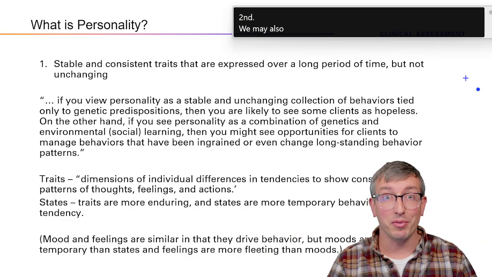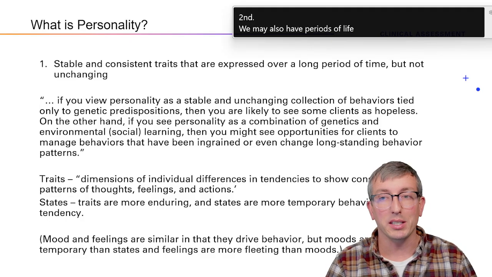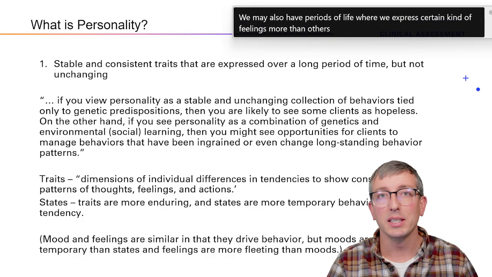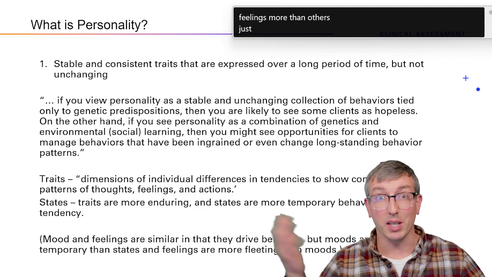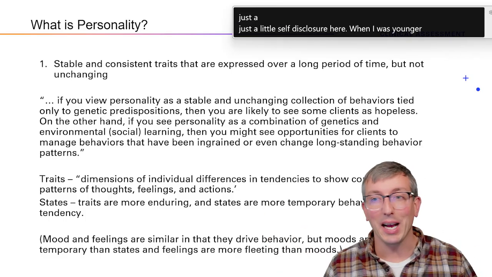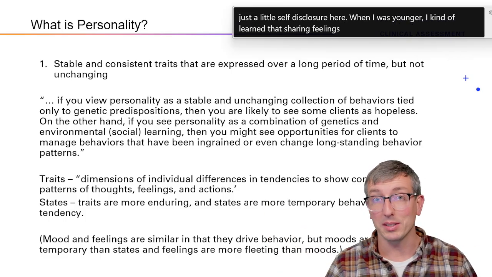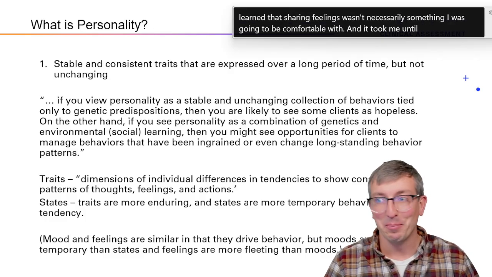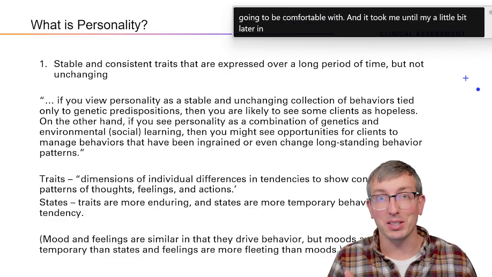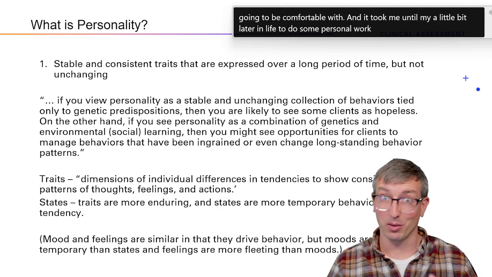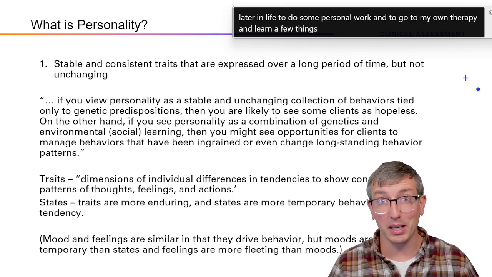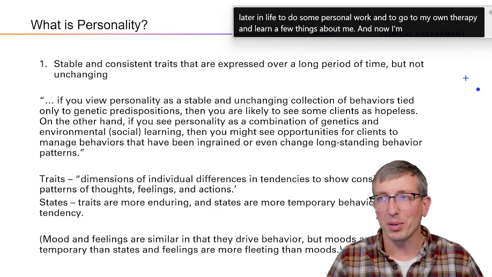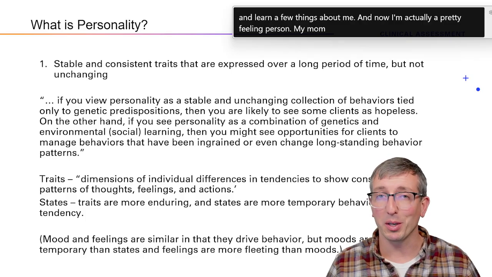We may also have periods of life where we express certain kinds of feelings more than others. Just a little self disclosure here. When I was younger, I kind of learned that sharing feelings wasn't necessarily something I was going to be comfortable with. And it took me until a little bit later in life to do some personal work and to go to my own therapy and learn a few things about me. And now I'm actually a pretty feeling person. My mom was a pretty feeling person.